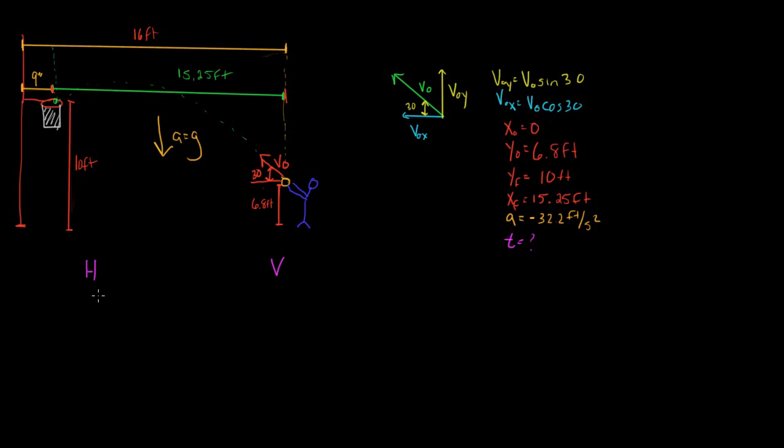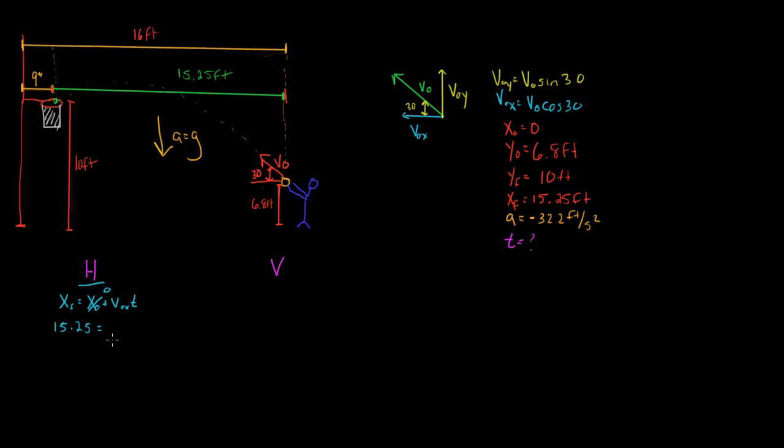So we have x final is equal to x initial plus an initial velocity in the x direction times t. We know everything except t, because we can substitute an expression for v naught x, and we can substitute in numbers for x final and x initial. So when we do this, x initial is 0, and our x final is 15.25.